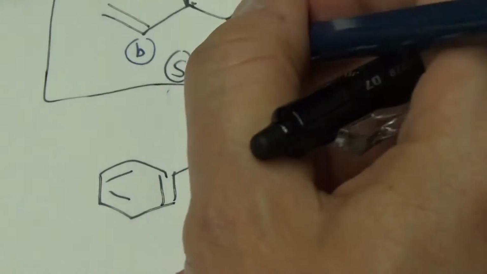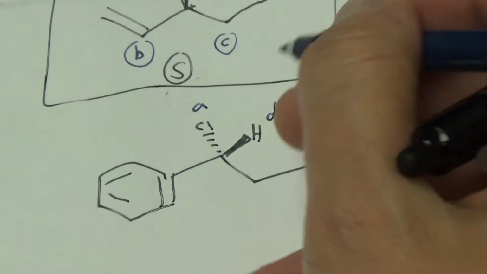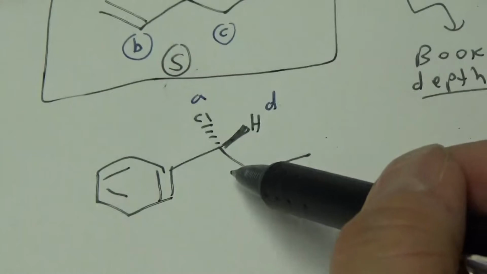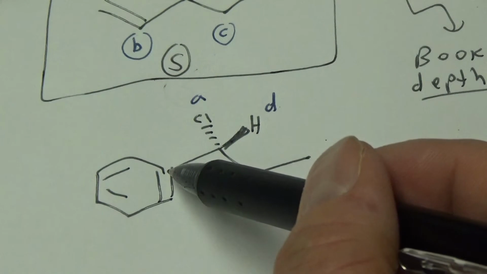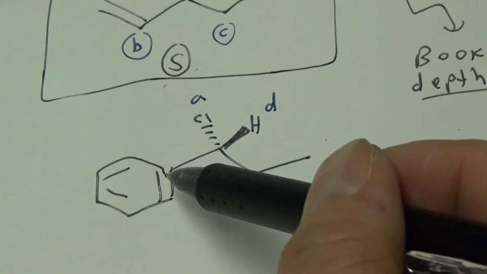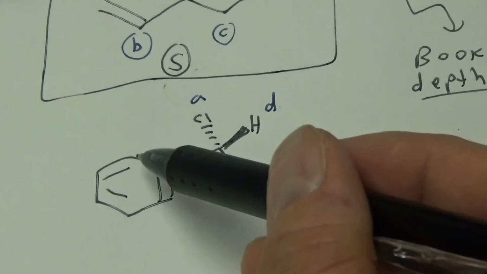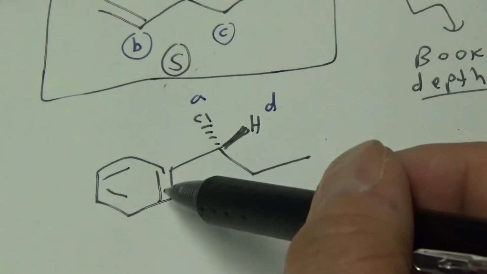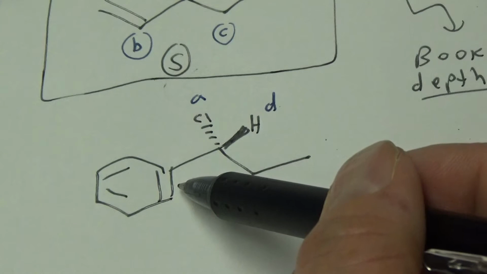Alright, so this guy, who's A? A is probably the chlorine. Who's D? Probably the hydrogen. And now it's a case of this carbon versus this carbon. Well, clearly this carbon is connected to 2 other carbons, right? But in addition, the double bond makes it actually act as 3. It's like an extra bond.